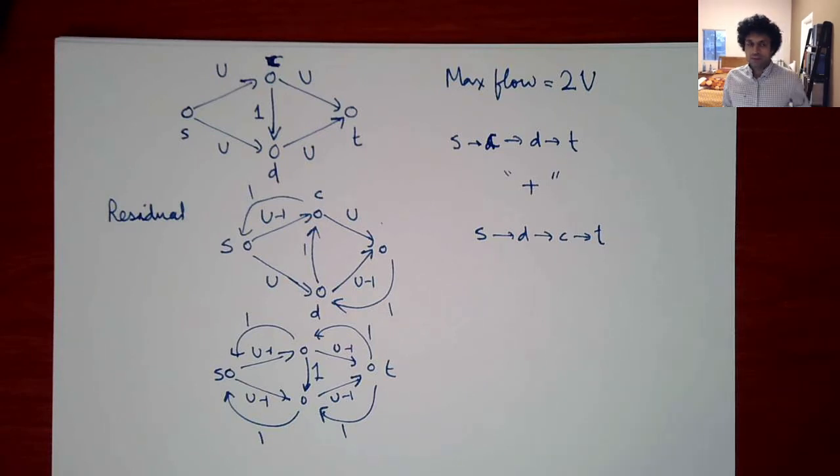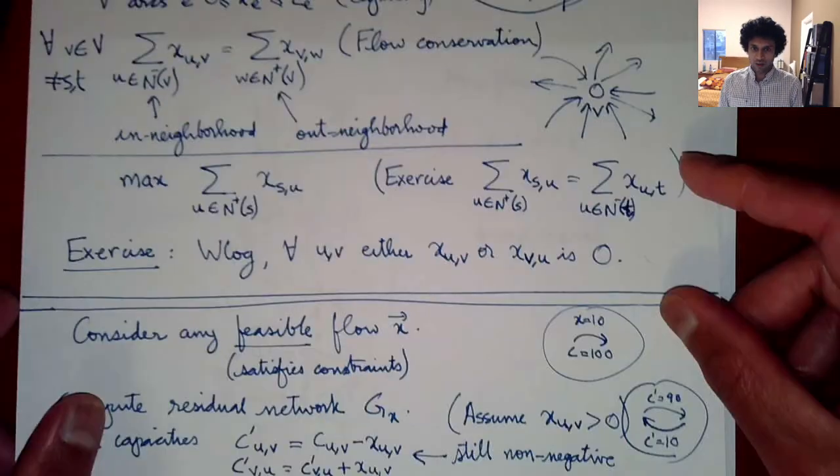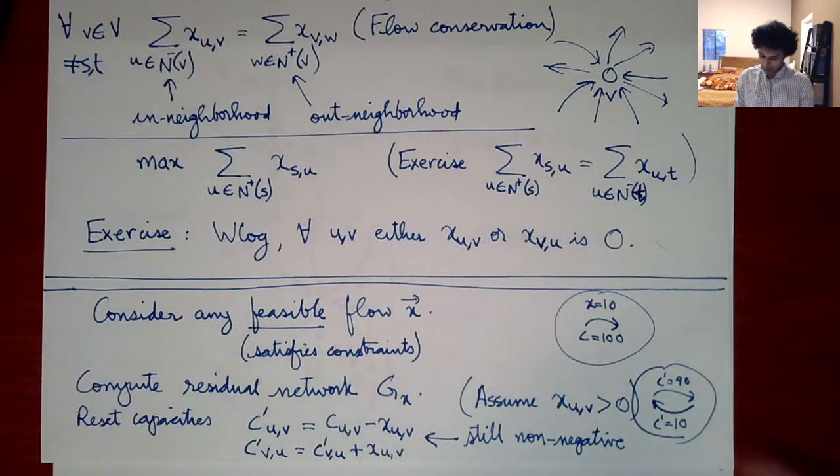So the way to think about it is, formally speaking, it's induction. You prove it by induction. But maybe the way to think about it is, there is a notion of flow cancelling out. Because of this exercise, when you have flow that is going from U to V and V to U, you can remove that.